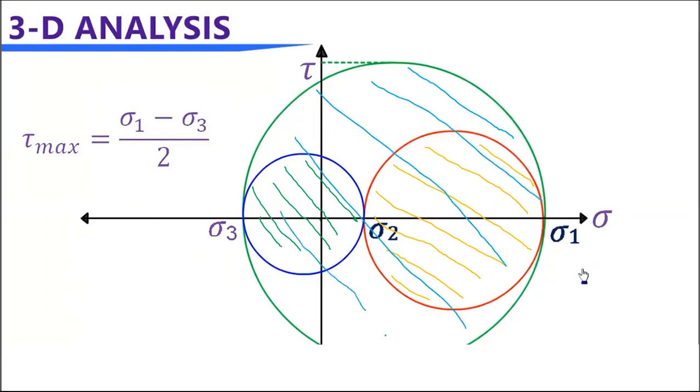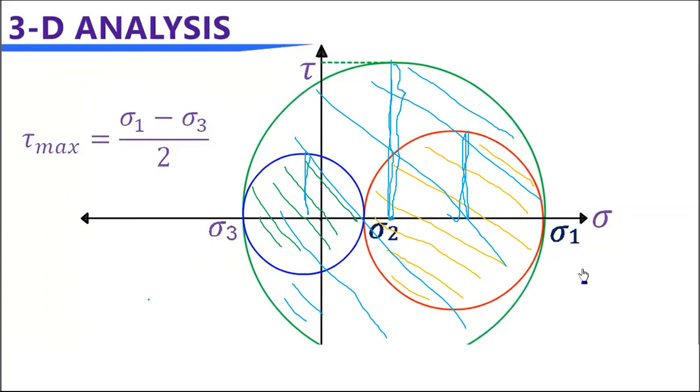So you can see this is the absolute shear maximum. This will give you some maximum shear stress, and this will give you some maximum shear stress. You can see the absolute maximum is this one, the big circle. You have to find the absolute maximum.